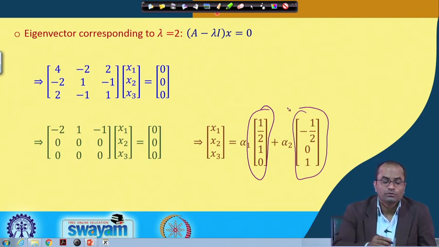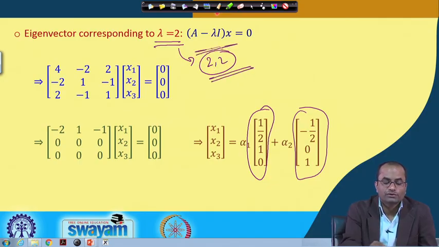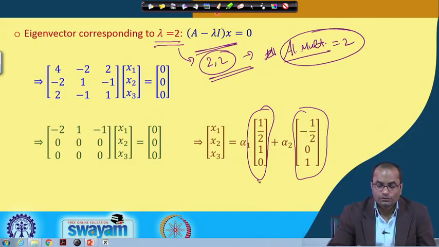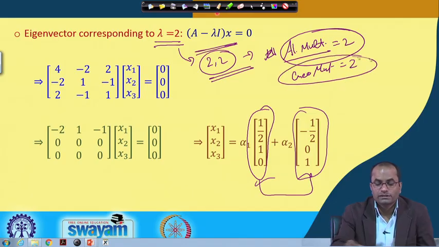So, corresponding to lambda is equal to 2, because it was repeated 2 times, the algebraic multiplicity was 2, and we also got the geometric multiplicity. The geometric multiplicity is also 2 in this case.